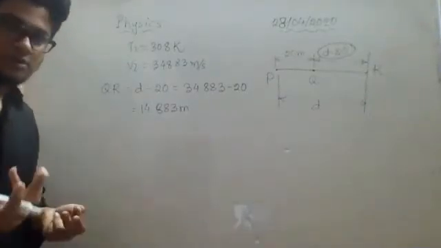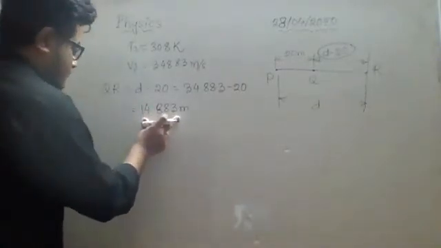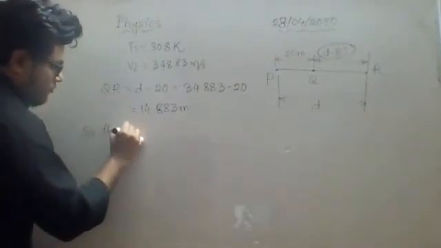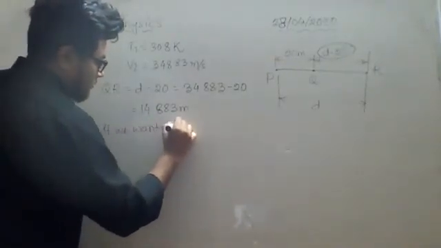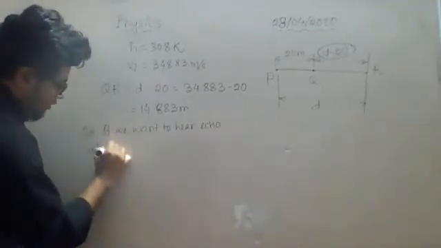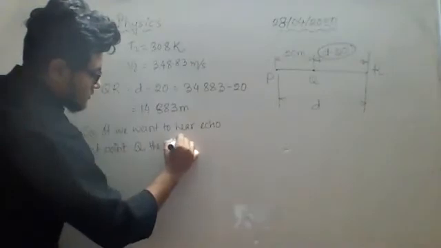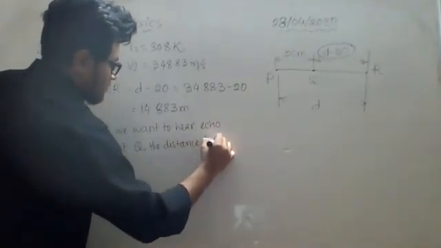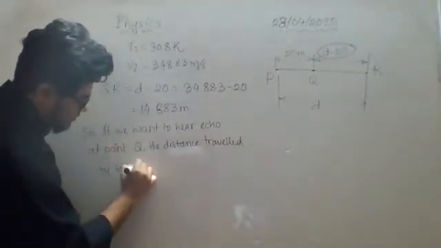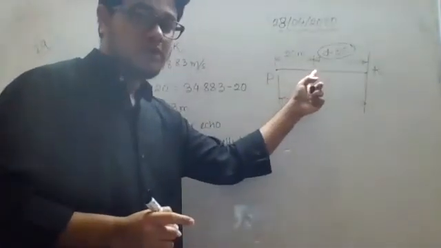Whatever I just said, if you did not understand, I will prove it with the calculation. If we want to hear the echo at point Q, the distance traveled by sound is 2QR.